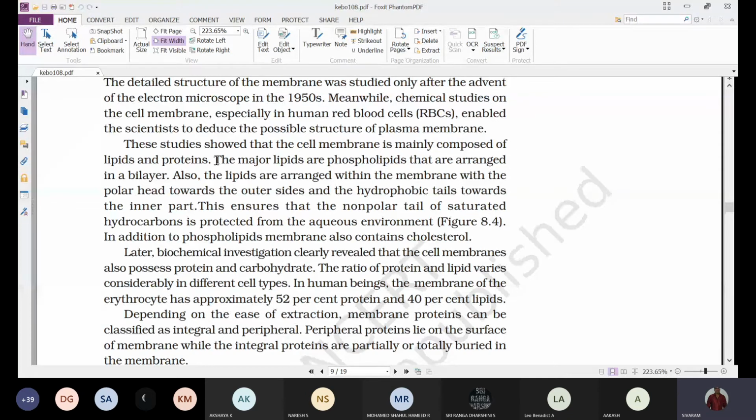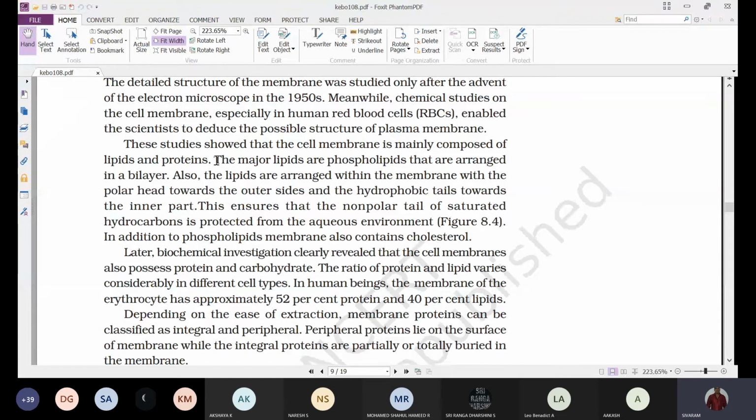So that means, with the invention of the electron microscope, we came to understand the detailed structure of the plasma membrane. When they were studying the structure of the plasma membrane, what they came to understand is that the plasma membrane is mainly made up of lipids and proteins.